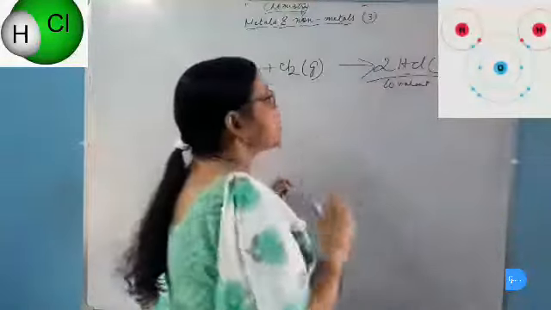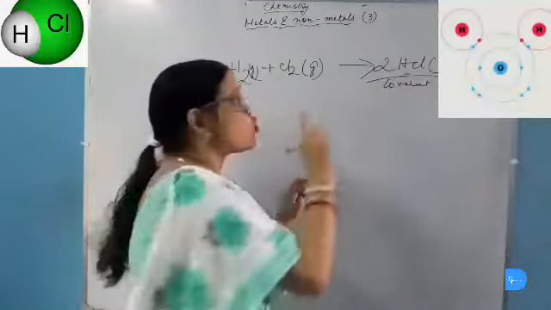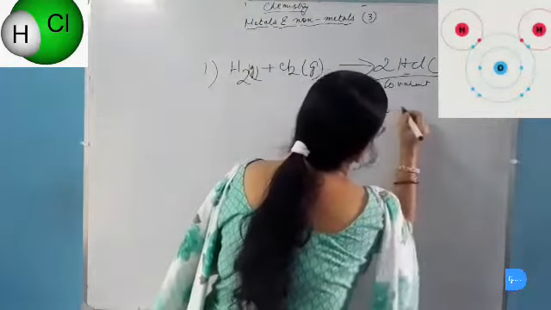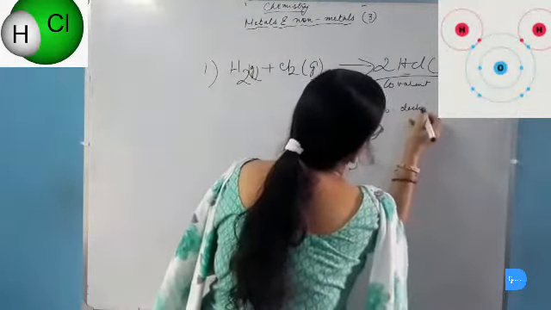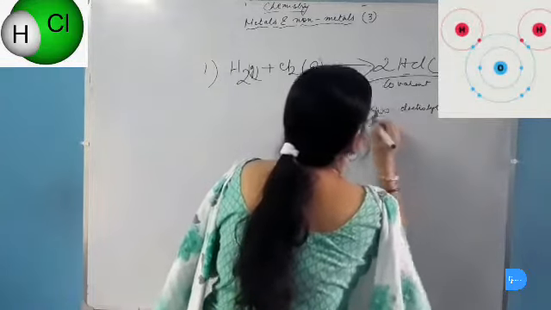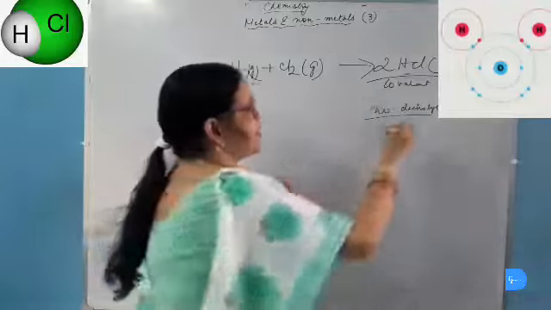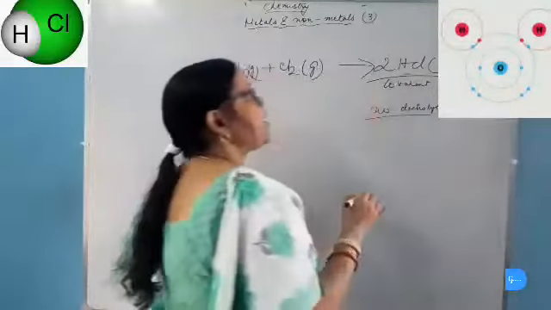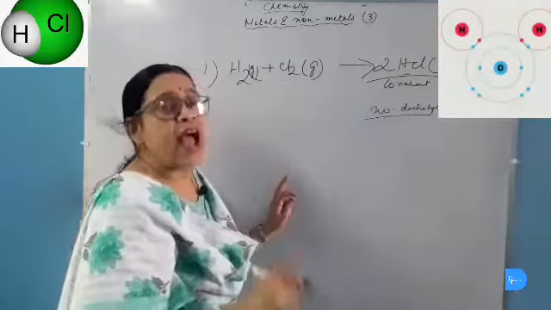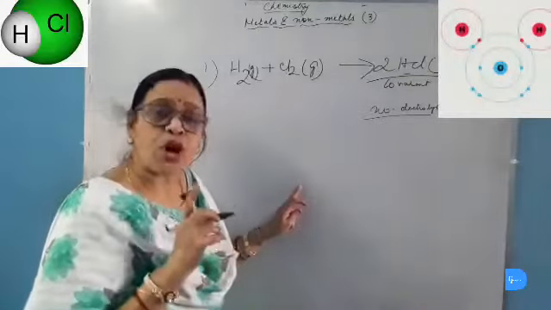This hydrogen chloride does not contain any ion, so it is non-electrolyte. Non-electrolyte means they cannot conduct electricity in solution or in molten state. They are either liquid or gases. They are volatile substances and they have low melting and boiling points.